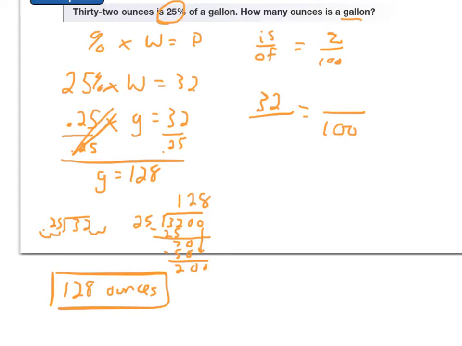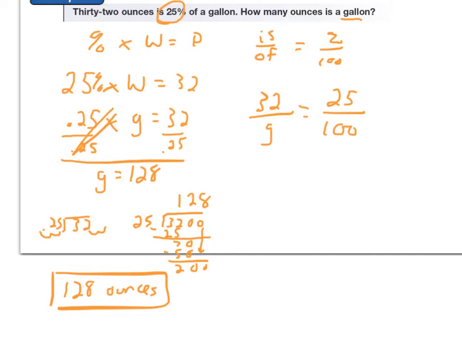Now we need to think, is the other number we're given the percent or the whole, the of part? Well, it says 25%. Okay, so that goes over here. And then it says of a gallon. We don't know the gallon part, so we're going to put a G there.